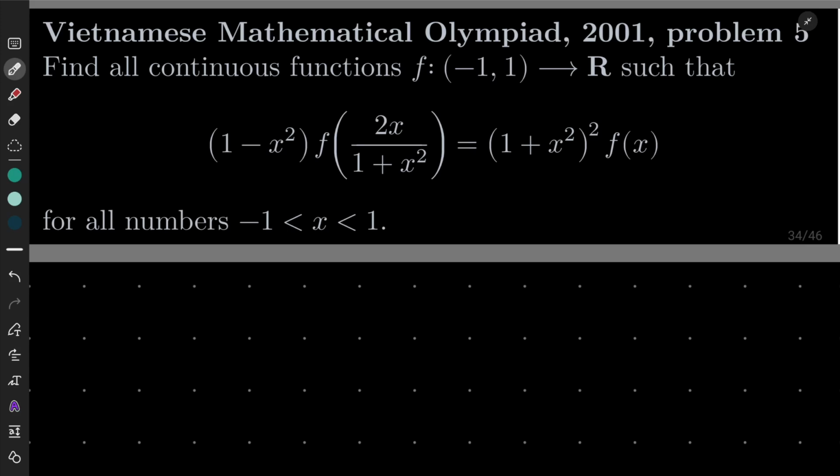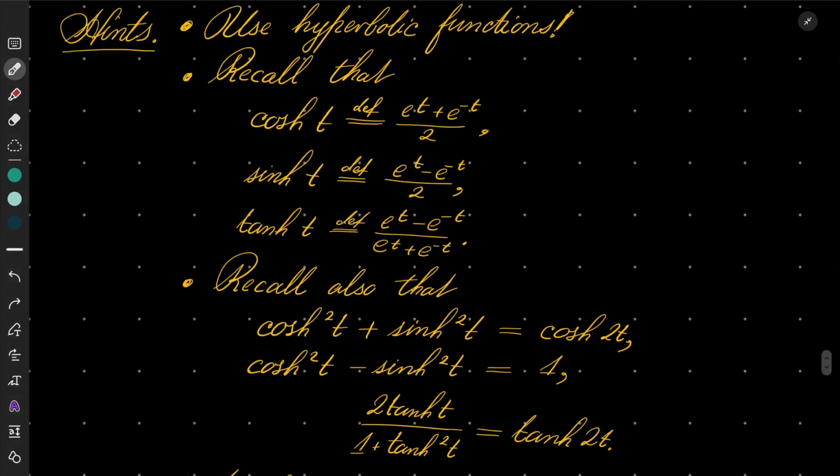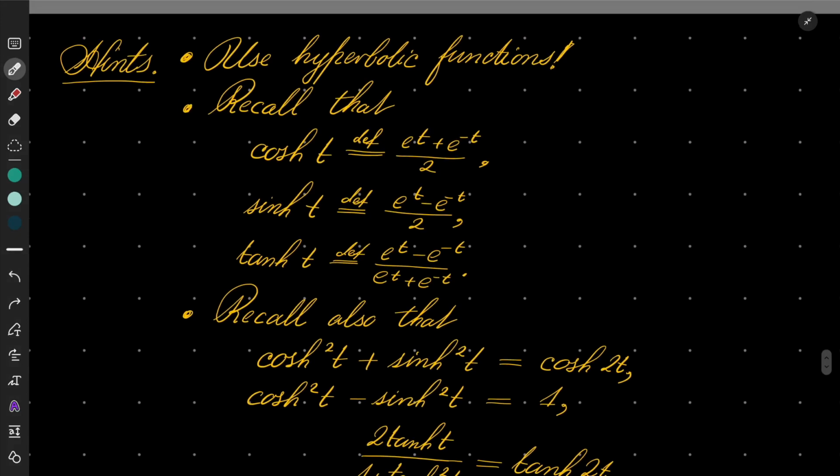So it's a very nice problem. Here are my hints. Here's how I suggest to do it. First, use hyperbolic functions. If you don't know about them, they are functions closely related to trigonometric functions. Namely, we have 6 hyperbolic functions, but we will use only 3 of them.